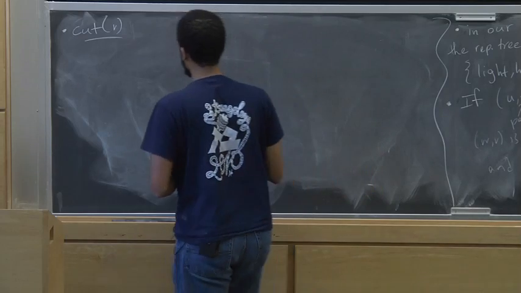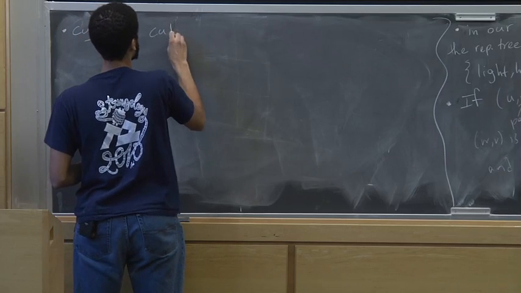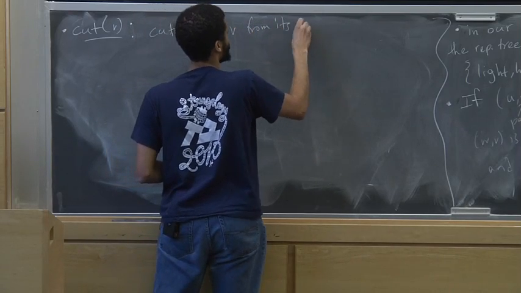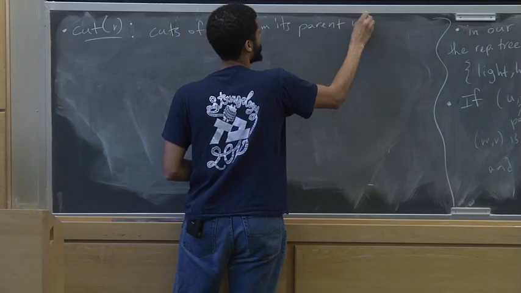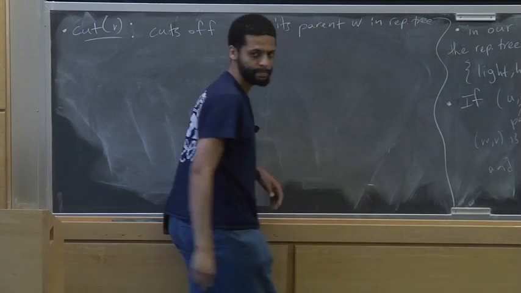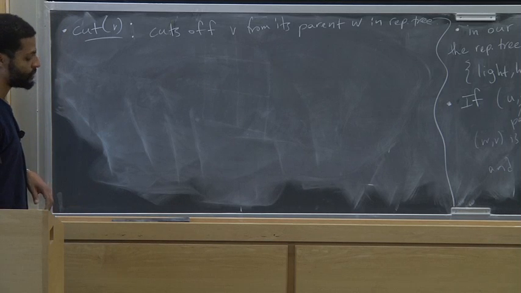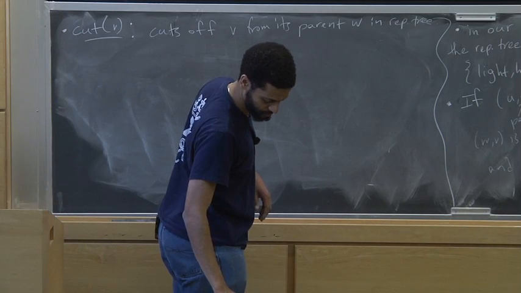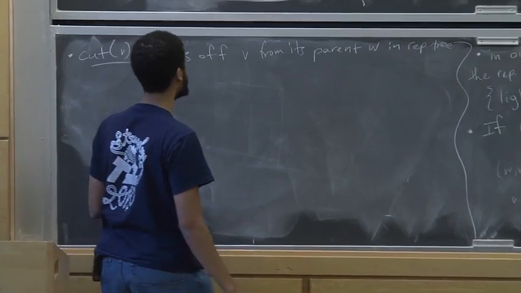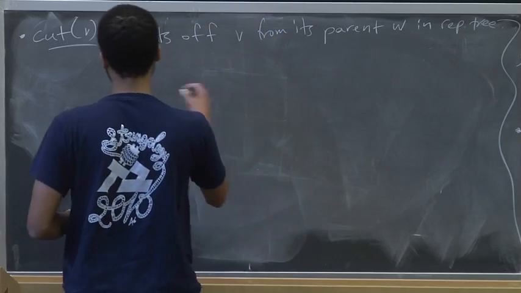What does this do? Remember, it cuts off V from its parent W in the represented tree. So what's the picture there? So the first thing we did was we did an access to V. So let's again draw this represented tree.